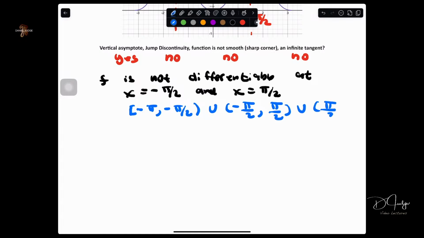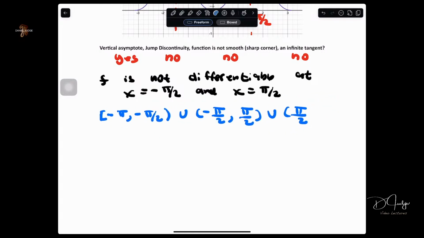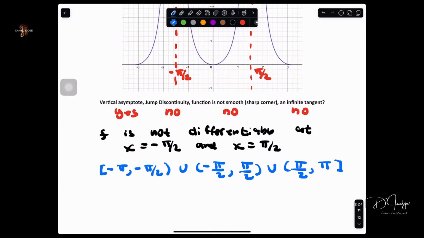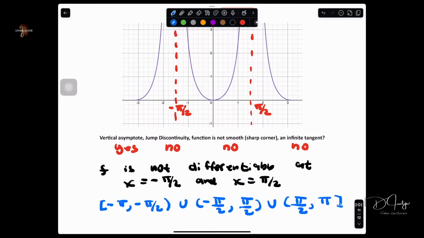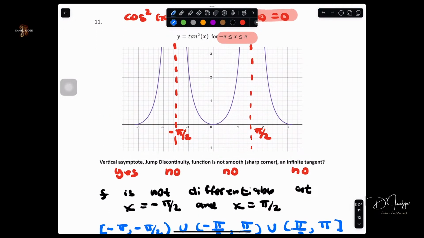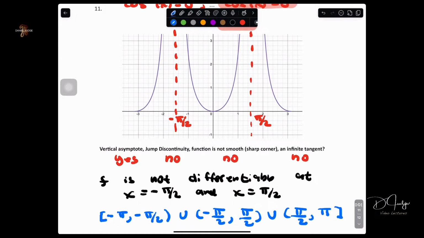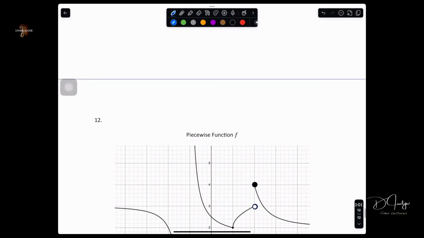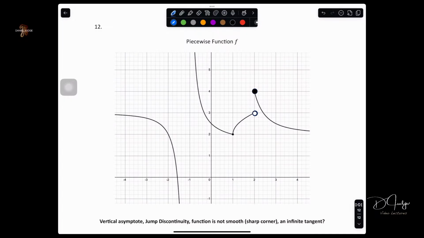Union from pi over 2 up to pi, closed interval. There you go. All right. Nice piecewise function.